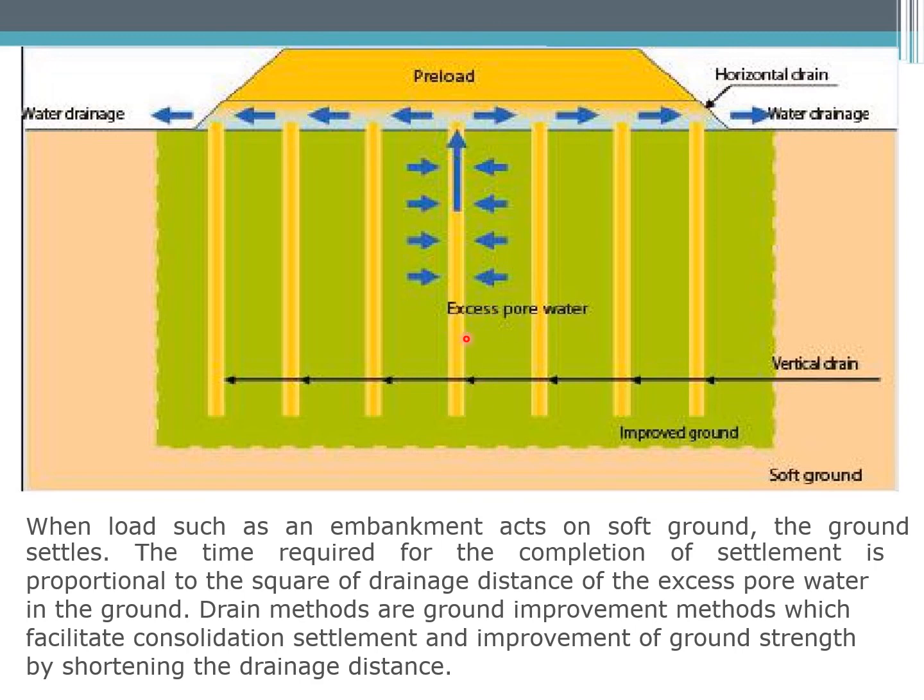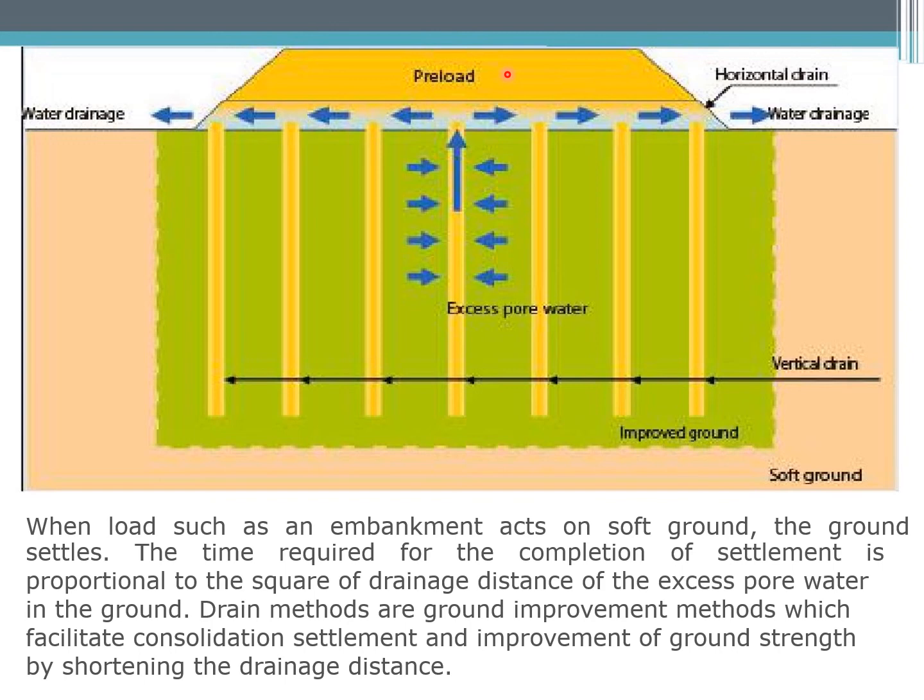So this one is soil, and we want to improve the soft ground. What we do is install the vertical drain here, and then we install the horizontal drain here at the top, and then we apply preload. So what happens is when we apply load, the water will compress and squeeze out.